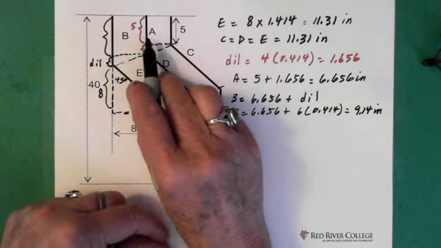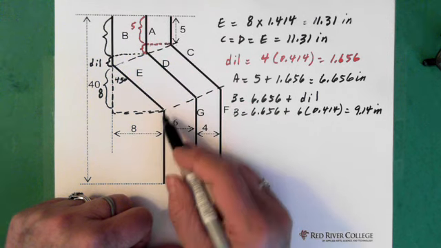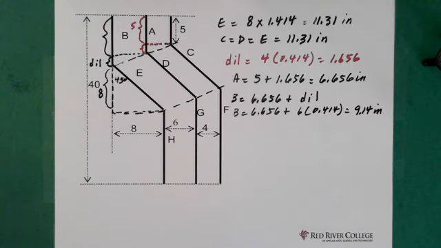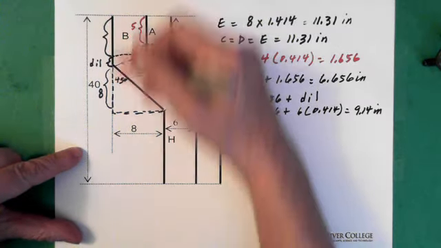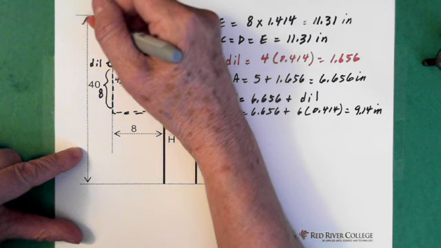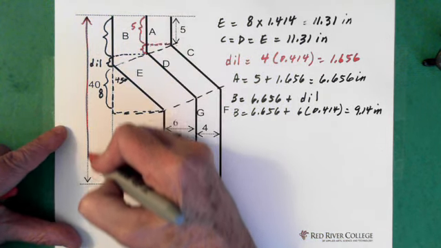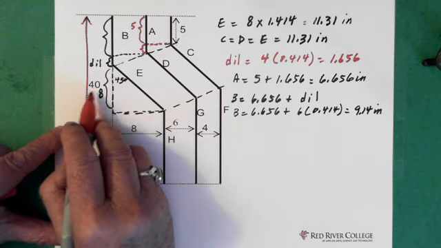So we've got A and B, we've got C, D, and E. Now what we need to do is solve for H, G, and F. So my approach to solving for these pieces is to think about what's happening here. We can see that from this point all the way down to here, we have 40 inches, all right?